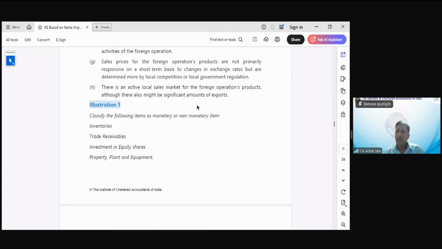Devu, Soumya, Janvi, Rohan, Almaz, they are all saying non-monetary. PPE, monetary or non-monetary? Rohit says non-monetary. Julie, Soumya, Shiv, non-monetary. Very good. So I think this part is very, very clear. Simple, easy to understand.